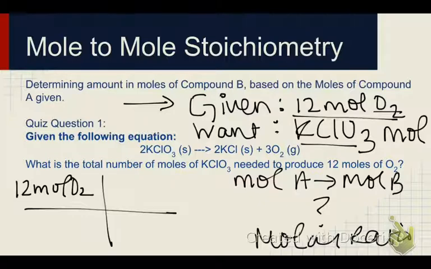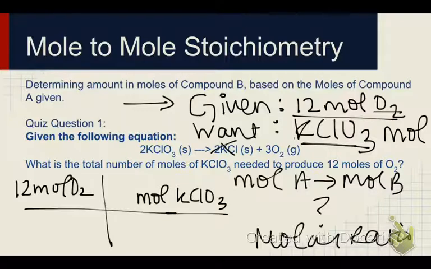Remember, use what you have. Why would I talk about KCl if it's not even addressed in my problem? So the mole ratio that I'm going to deal with is between KClO3 and O2. Now, because I want to find moles of KClO3, that's going to go on top.